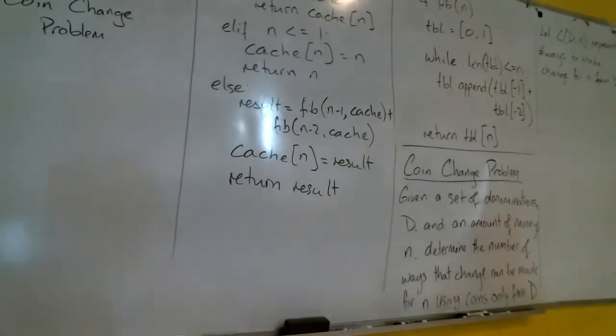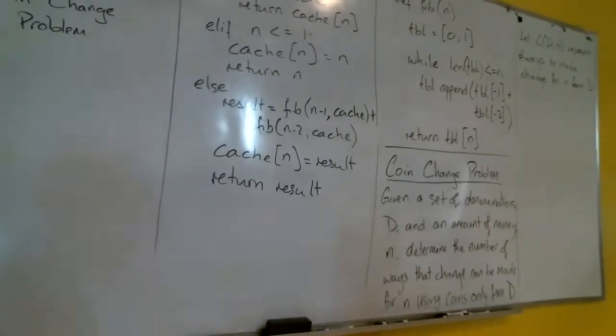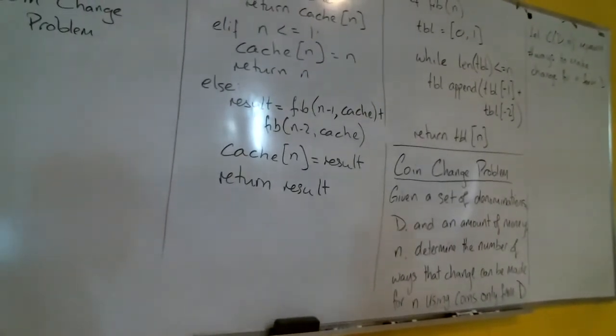Now, here's the other observation to make. If I'm using the $5 coin to make N dollars, would you agree that the total number of ways of doing that must be the same as using the same set to make N minus $5? So D is some set, let's say 1, 2, 5, and I have N dollars to make.